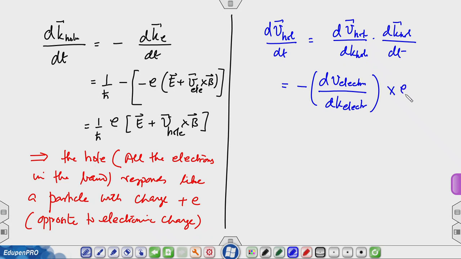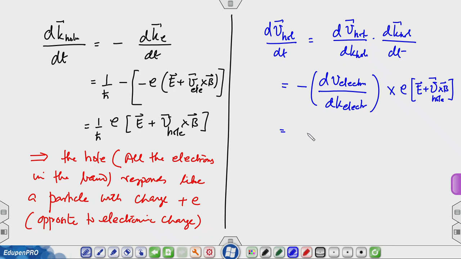So, this is equal to E plus V whole cross B, and dV electron by dt is nothing but the effective mass for the electrons.